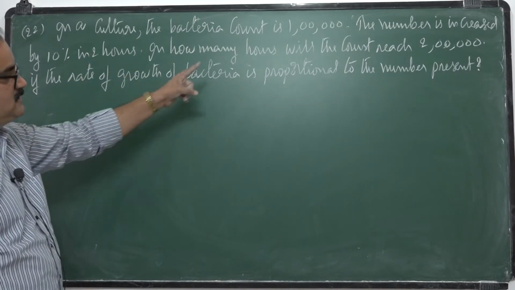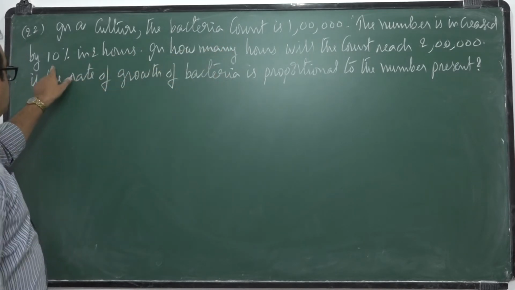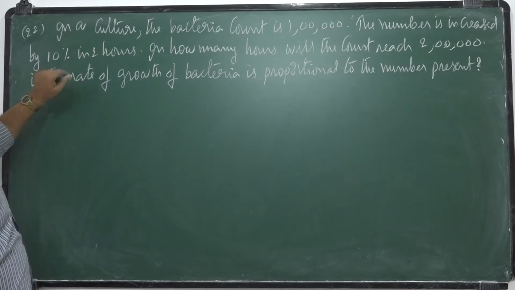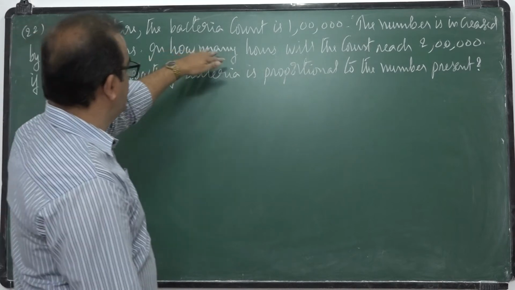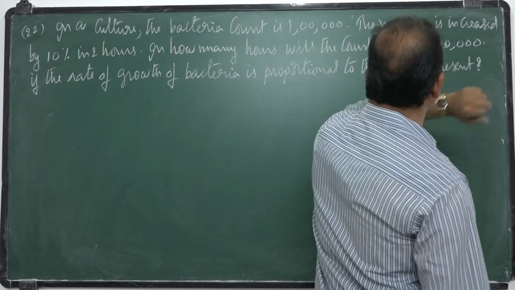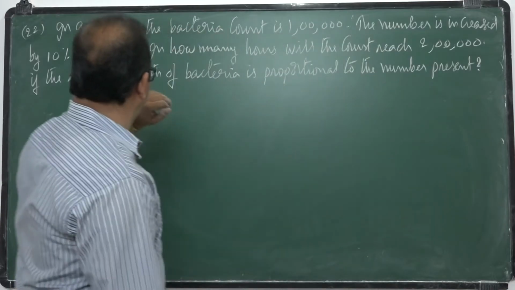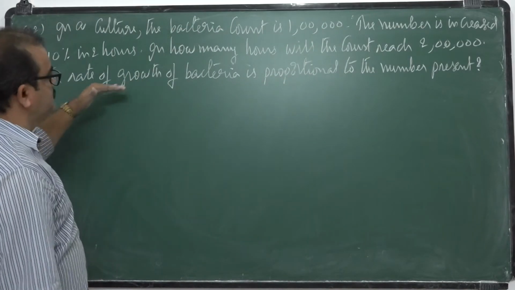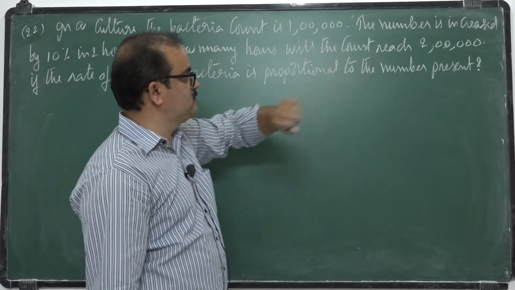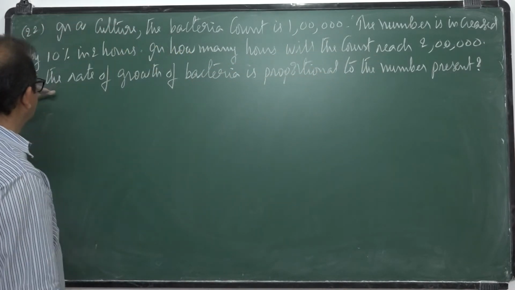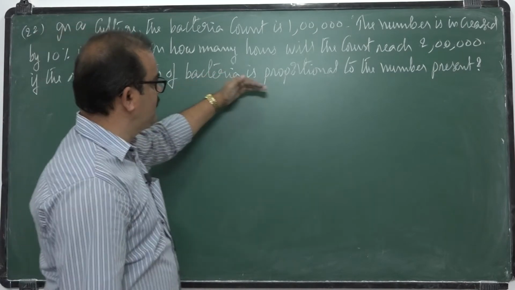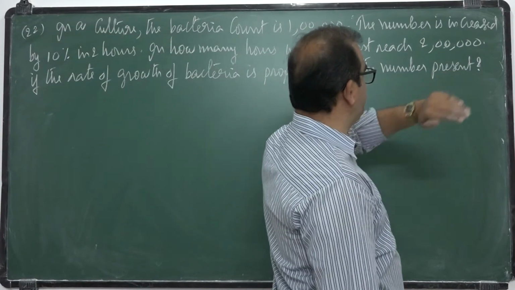In 2 hours, that number 1 lakh is increased 10%. 10% means 10 by 100. In how many hours will the count reach 2 lakhs? What is the condition? If the rate of growth of bacteria is proportional to the number present.